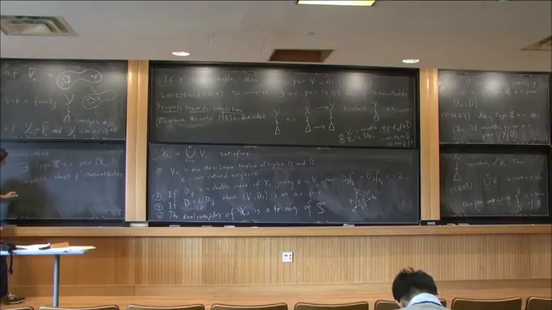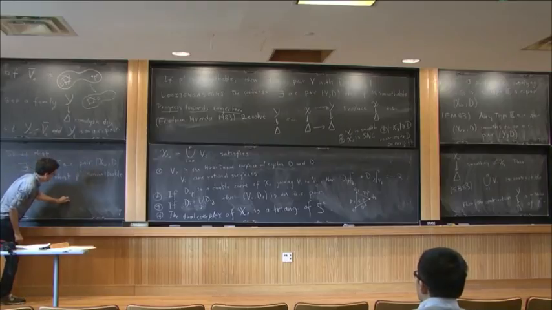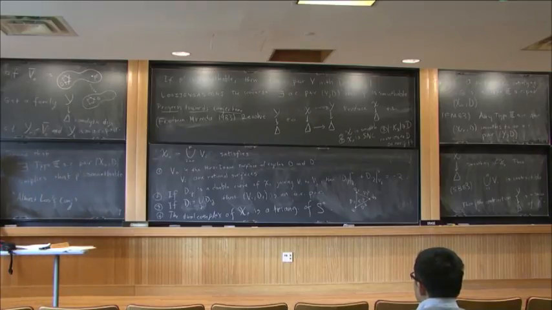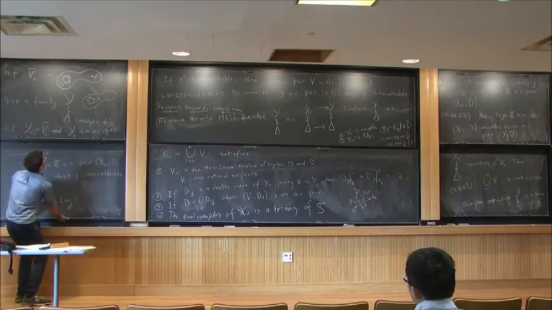So you could call this almost Looijenga's conjecture, because Looijenga's conjecture would just be given by removing the words type 3 here.